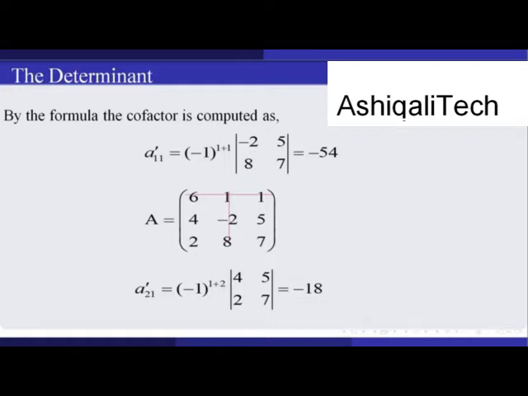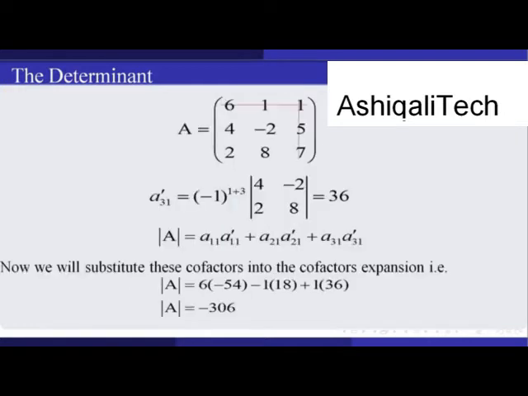Similarly, writing A again and selecting the first row and second column, we get A21 prime is equal to (-1) power 1 plus 2 times the minor, which is equal to -18. Again, writing the matrix A and selecting the first row and third column, we get A31 prime is equal to (-1) power 1 plus 3 times the minor, and we get 36.